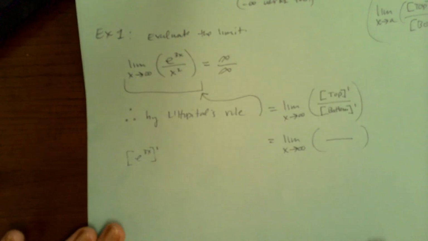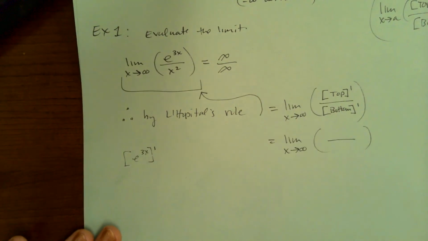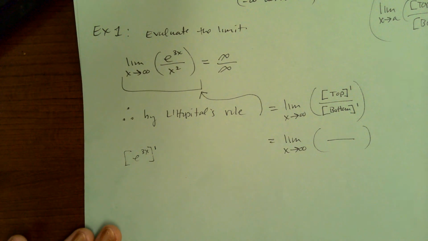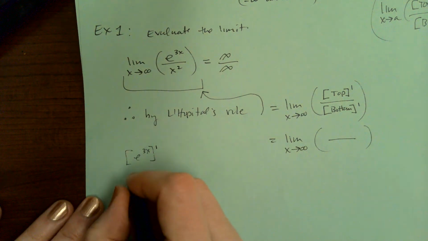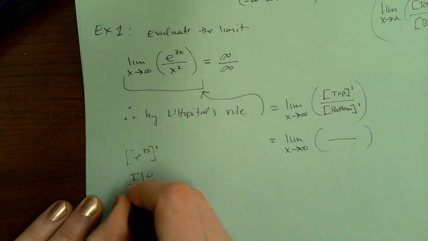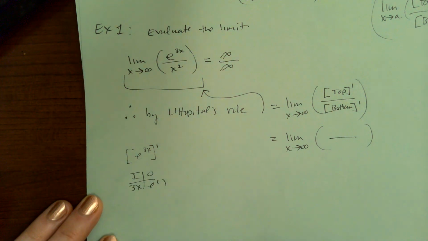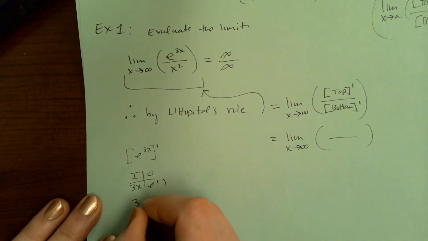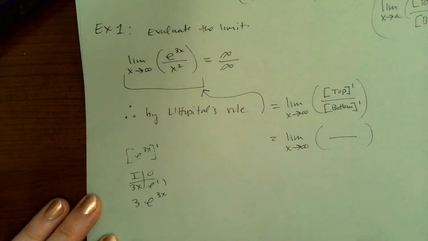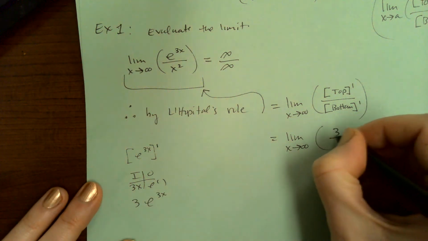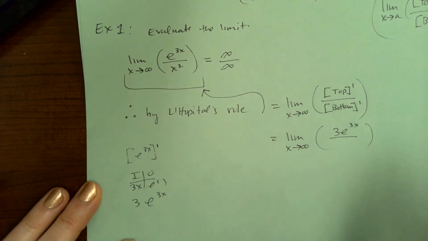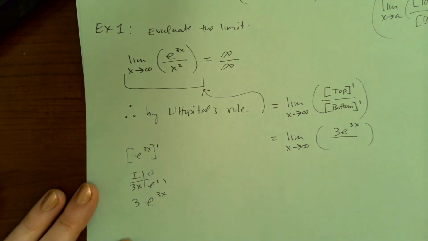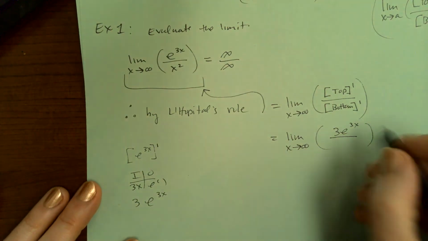If it were just e to the x, it would be just e to the x, but it's e to the 3x. So the top is 3e to the 3x. That's the derivative of the top. And the derivative of the bottom is just 2x.